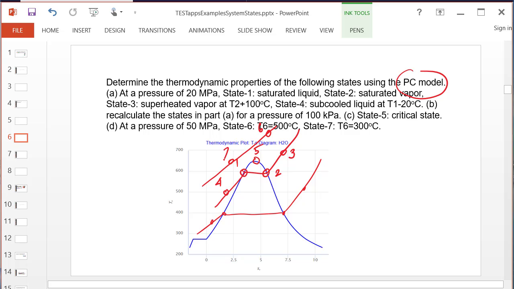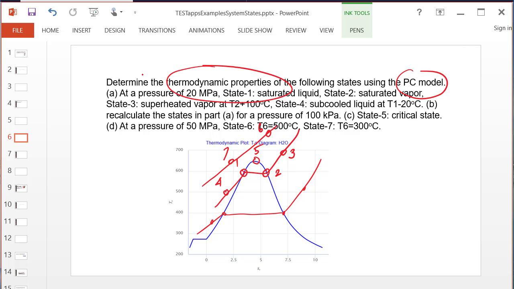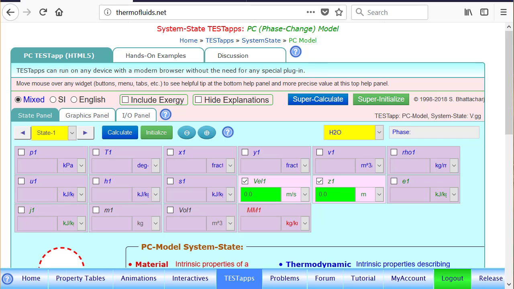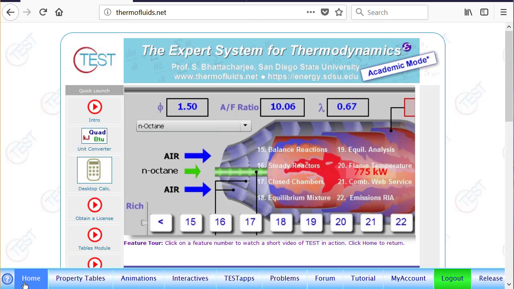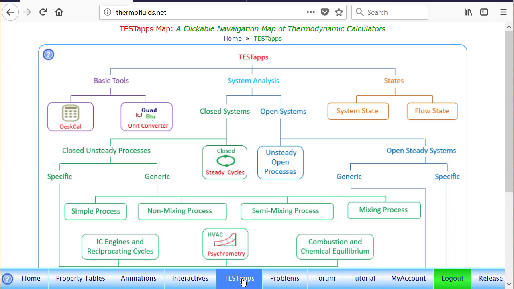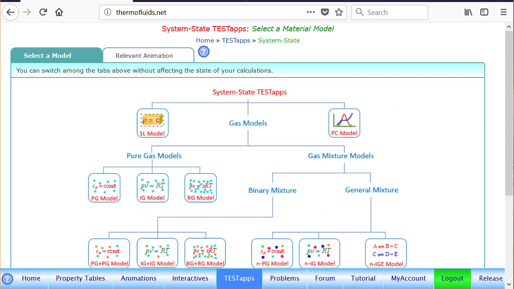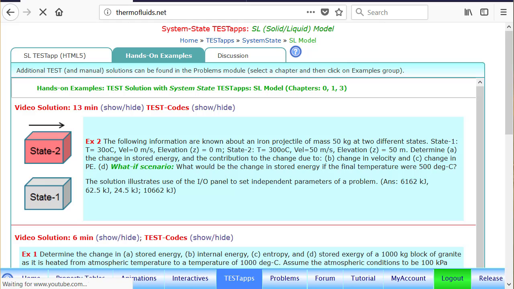Okay, so let's launch a suitable app. Notice that we are interested in thermodynamic properties only here, so we can use either the flow state app or the system state app. This particular video assumes that you have already taken a look at the SL model video.